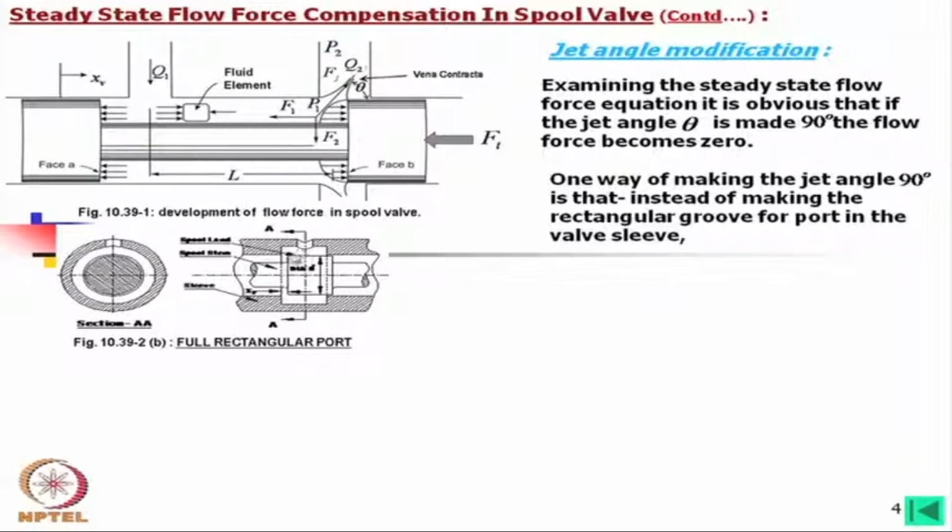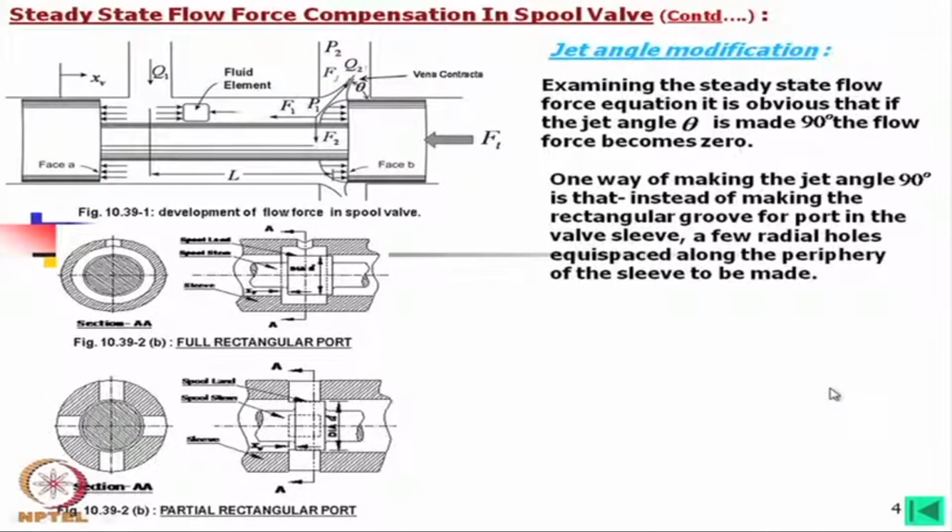So, flow can go like this. So, this is the 90 degree. Sorry, this is the jet angle. So, for a full rectangular port, we cannot reduce this theta to 90 degree, it is not possible.